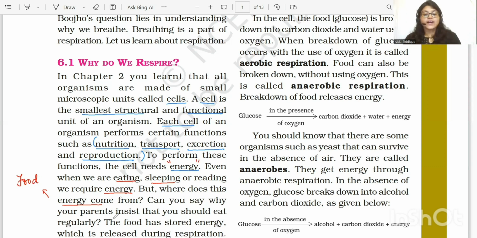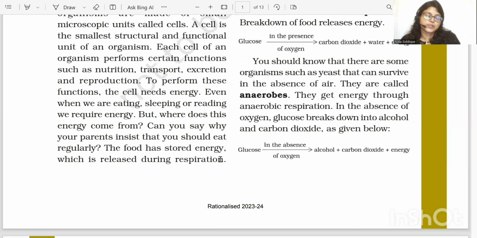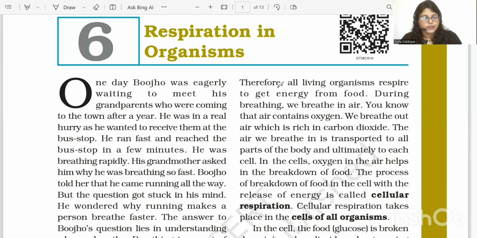Now you can understand why your parents keep insisting you to eat regularly, so that we can derive energy from our food. Okay, so our food supplies our body with constant energy. So the food has stored energy in it, and ये energy release होता है during the process of respiration. Therefore, all living organisms respire in order to get energy from the food.